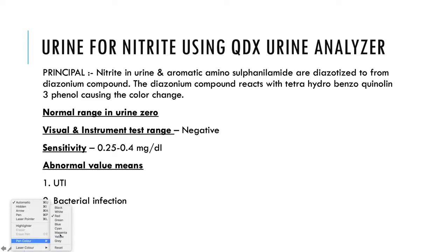So how can it be done? The first thing is the principle that you have to learn. If nitrite is present in urine, and the reagent contains aromatic amino sulfanilamide, then what will happen? It will be diazotized to form the diazonium compound.